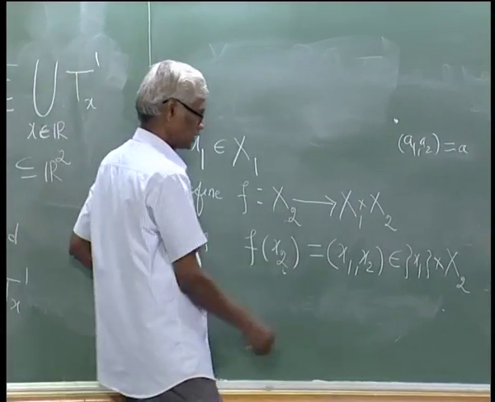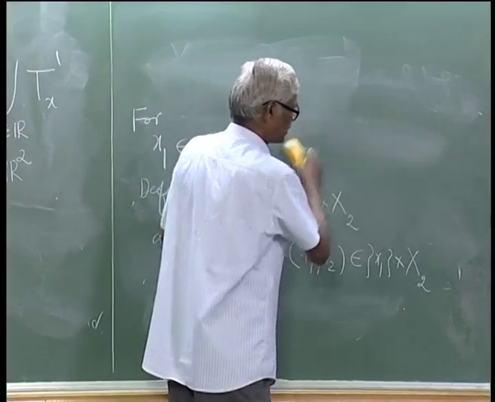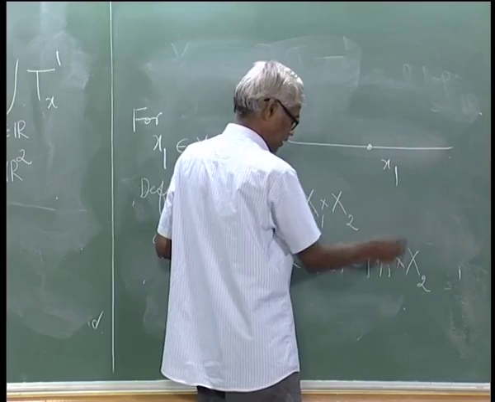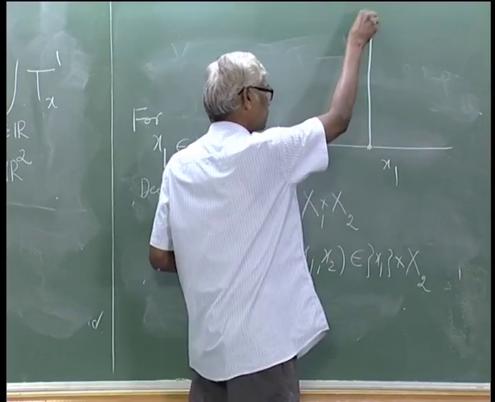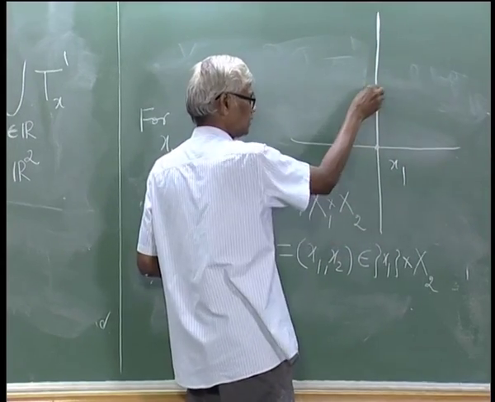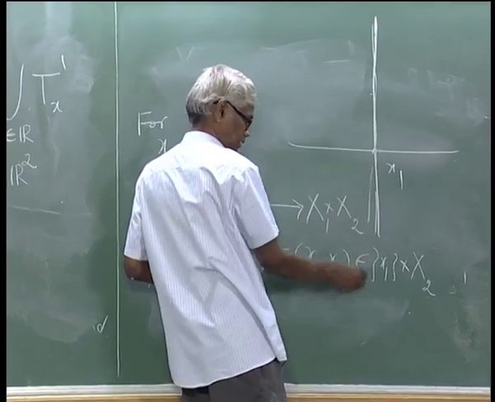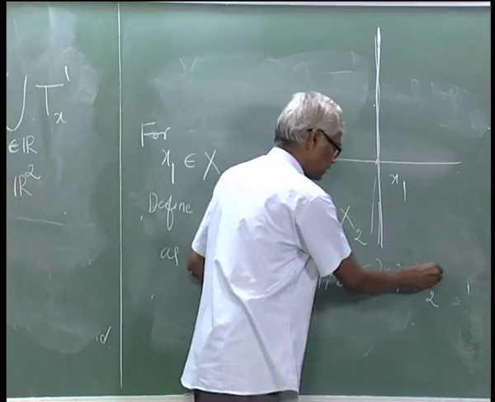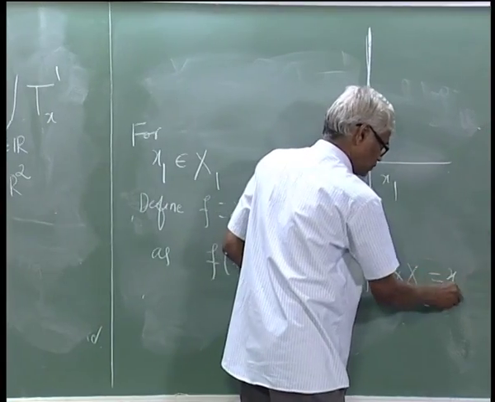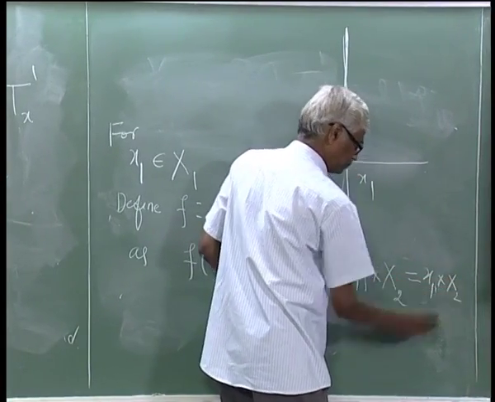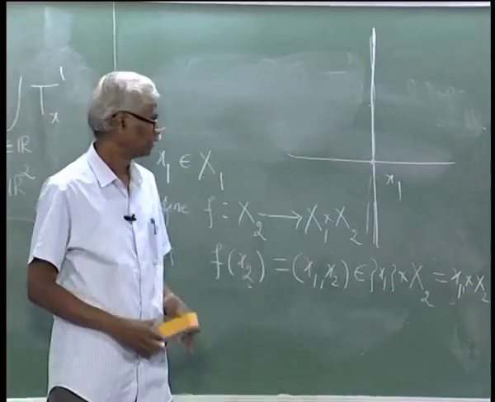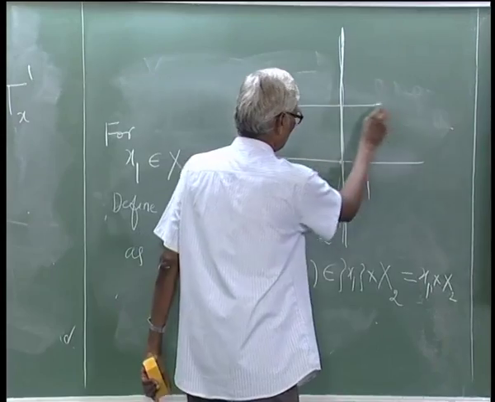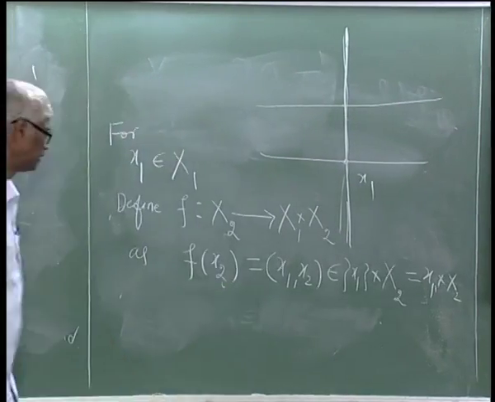So essentially you fix a point in the x axis, x1, and you vary the elements from the y axis, X2. Then this line is connected. That is similar to saying that X1 cross R is connected.